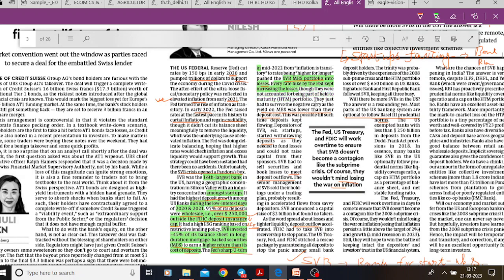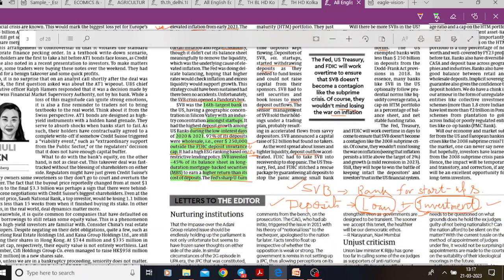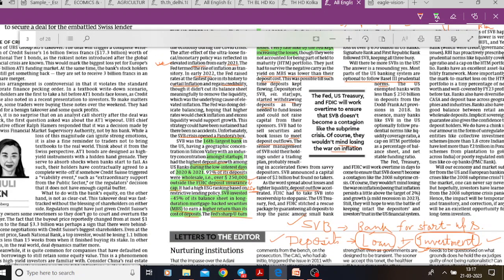And then what happened? Now think about it. The startups that were SVB's depositors had to survive the negative carry, as the yield on MBS was lower than their deposit cost. This was possible until such time as deposits kept flowing.